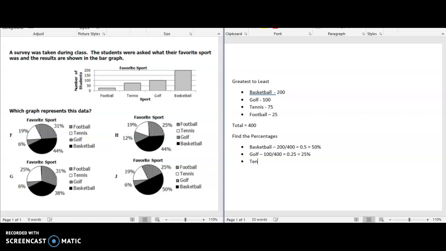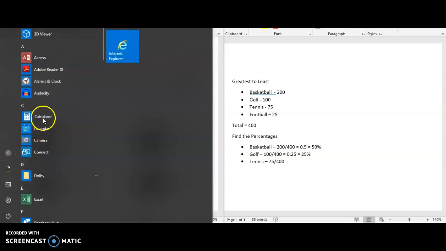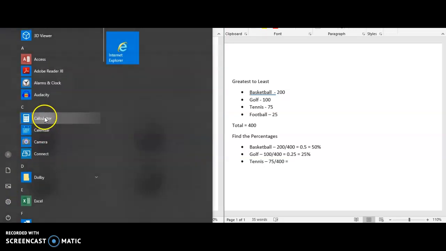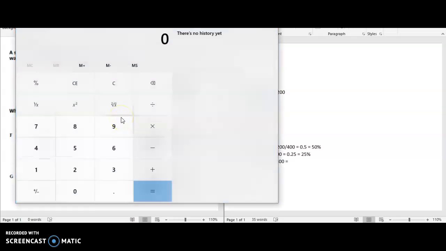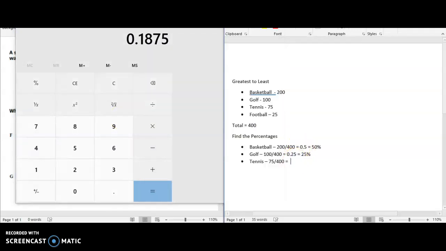Then we do tennis, which is 75 divided by 400. I don't know that one off the top of my head, so let me pull up the calculator real quick. 75 divided by 400 is 0.1875, which is about equal to 19%.